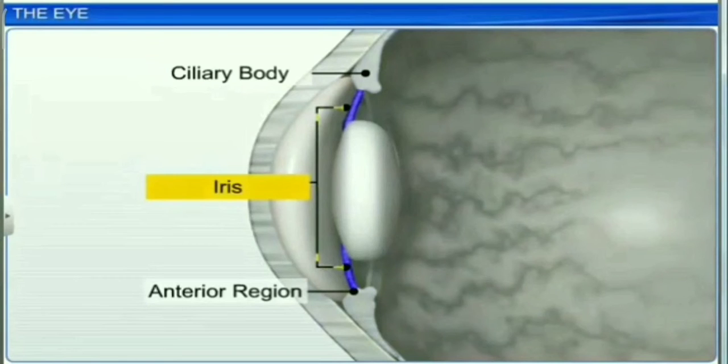Its epithelium secretes aqueous humor. Attached to the ciliary body are suspensory ligaments which hold the lens. The ligaments and muscles of the ciliary body help in the adjustment of the size of lens.